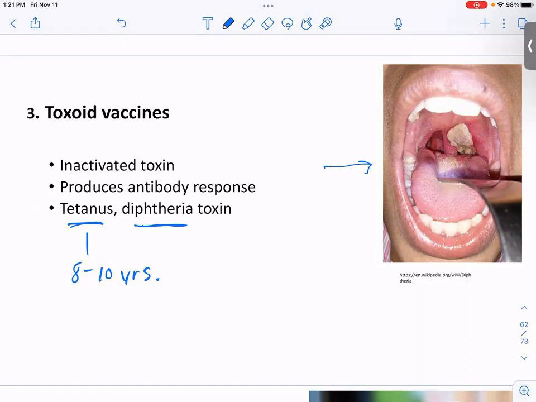That infection causes a pseudomembrane that forms in the throat and can actually suffocate someone, with lots of other complications associated with it. Now that most babies get vaccinated, we have less than one case a year in the US. So we've really come a long way in tamping that infection down.